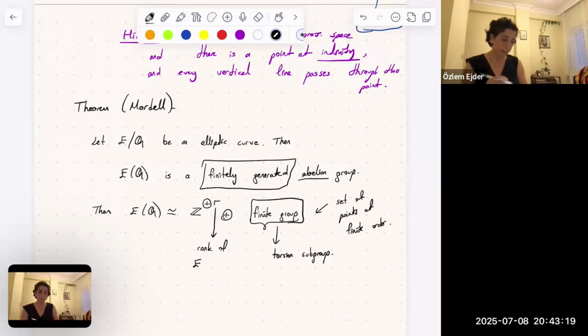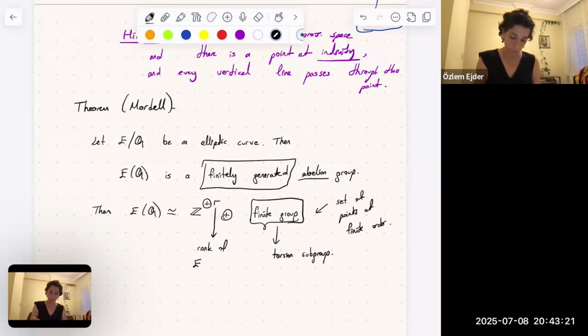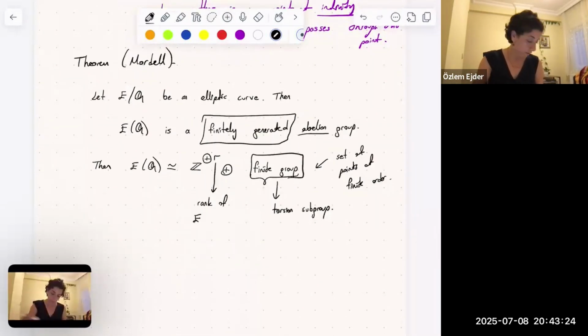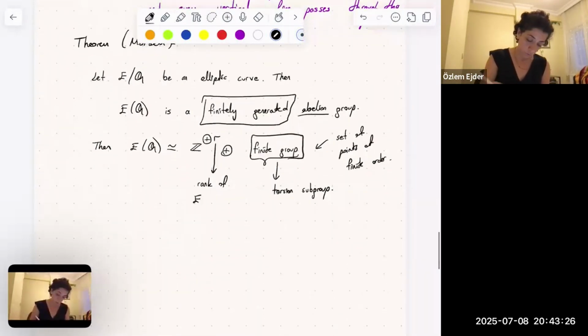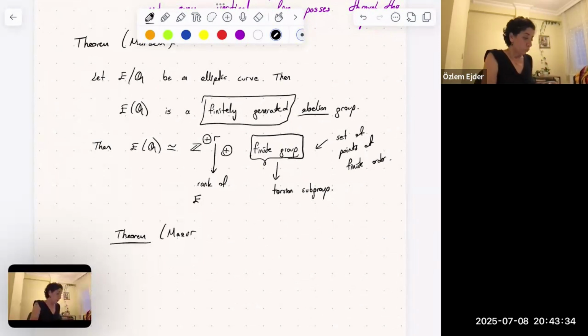Maybe I'll just mention a few things that we know about this R and the torsion. First, about the torsion, this is a theorem of Mazur from 77.